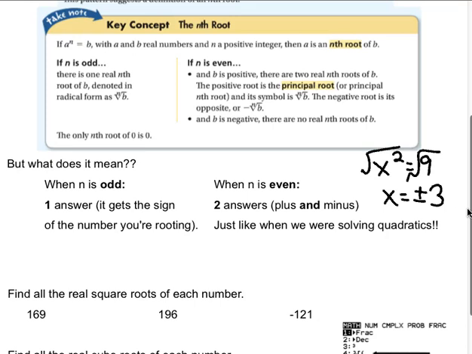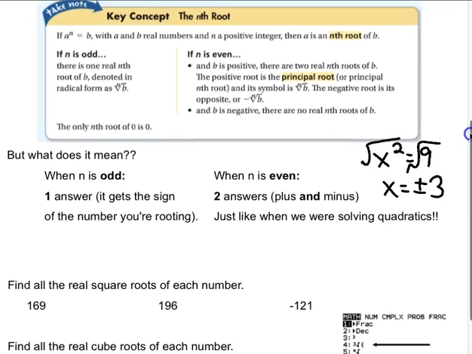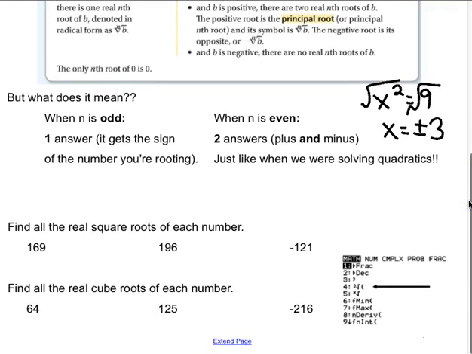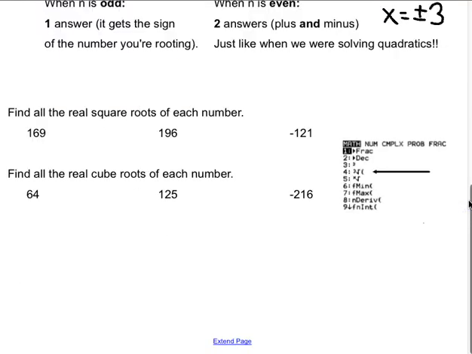So when it's written in words, like these examples right here, when I'm telling you, find all of the real square roots, whenever it's written out in words, I want you to think back to when we did the equations. If you're taking an even root and it's expressed in words, you need the plus or minus. So the square root of 169.